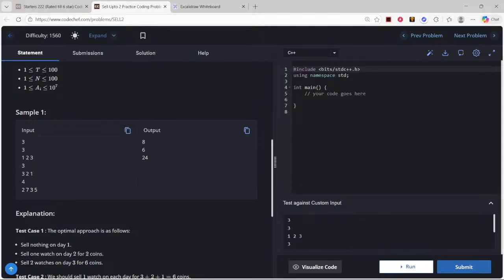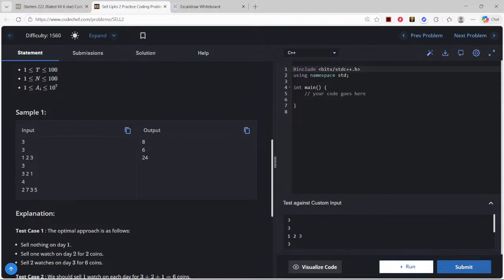I plus one, and I plus one with W plus A, and W minus one plus 2A.